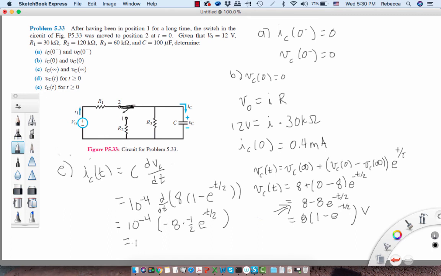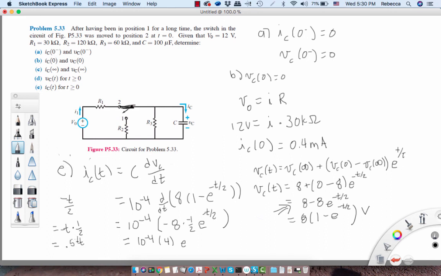So we get 10 to the minus 4 times 4 e to the minus t over 2. This expression is nice because you can see the time constant, but you can also think of minus t over 2 as minus t times 1/2, and 1/2 as a decimal is 0.5.